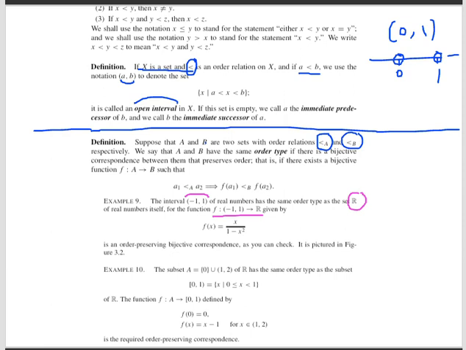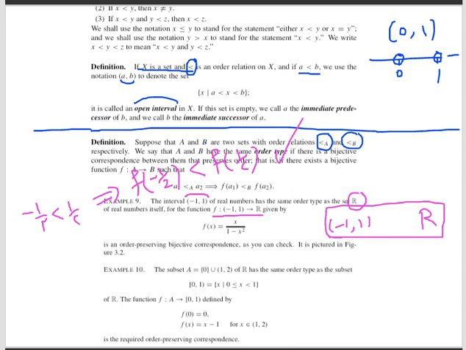Okay. For example, minus half is less than something, then we can say that F of it is less than F of the other. Okay. Then we can say that (-1, 1) has the same order type as R. Okay.